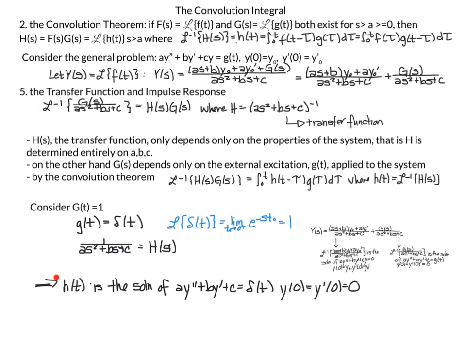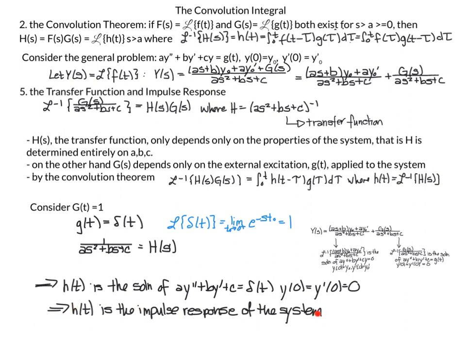So in other words, our h(t), the inverse Laplace of this, is the solution of ay'' + by' + cy = δ(t) with initial conditions equal to 0, which makes h(t) the impulse response of the system. In other words, the response of the system when given this unit impulse function as the forcing function.